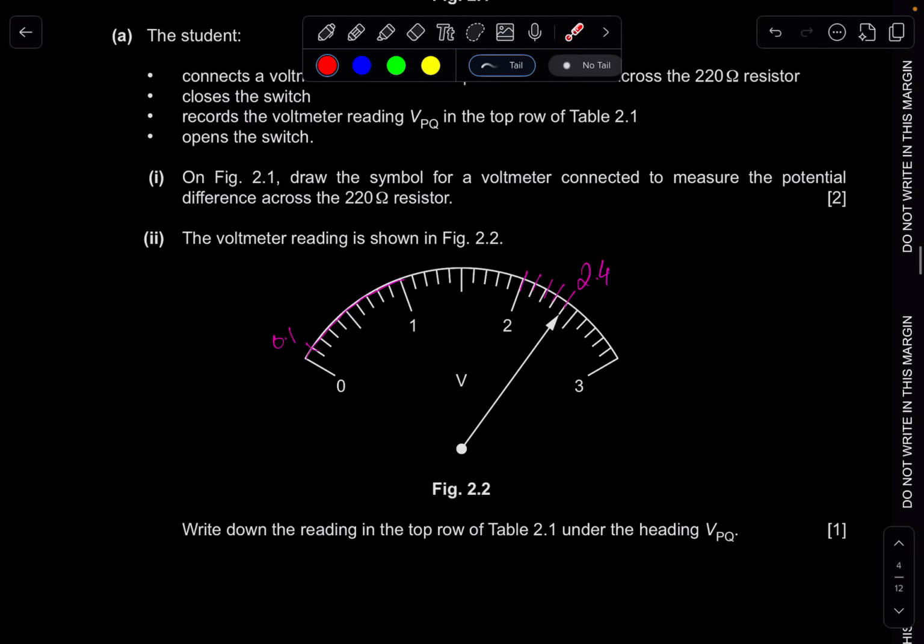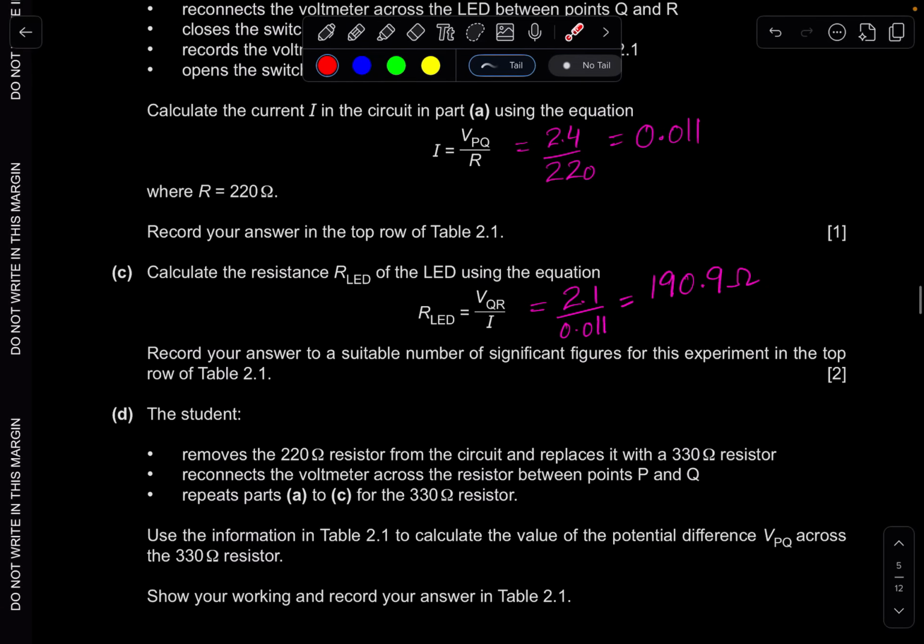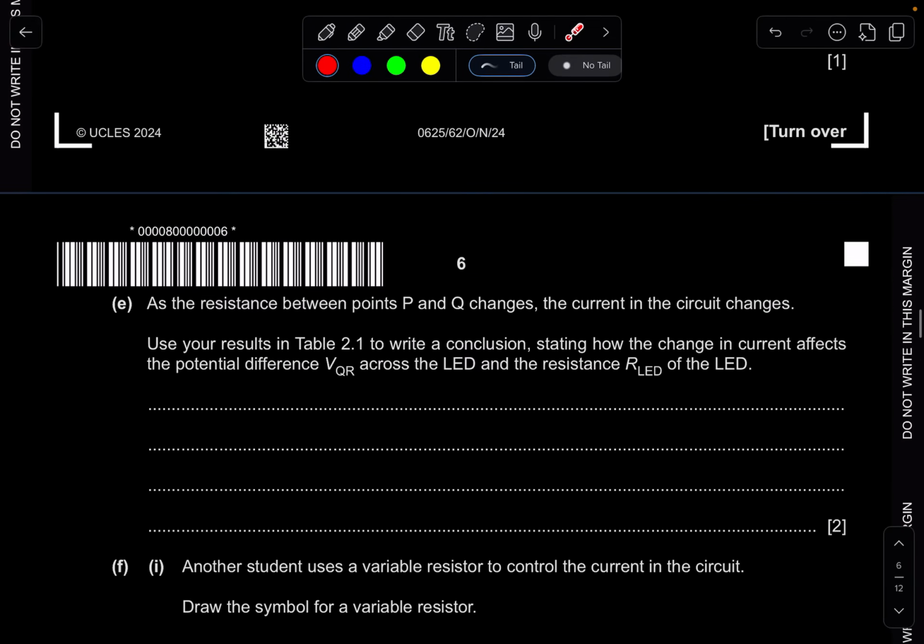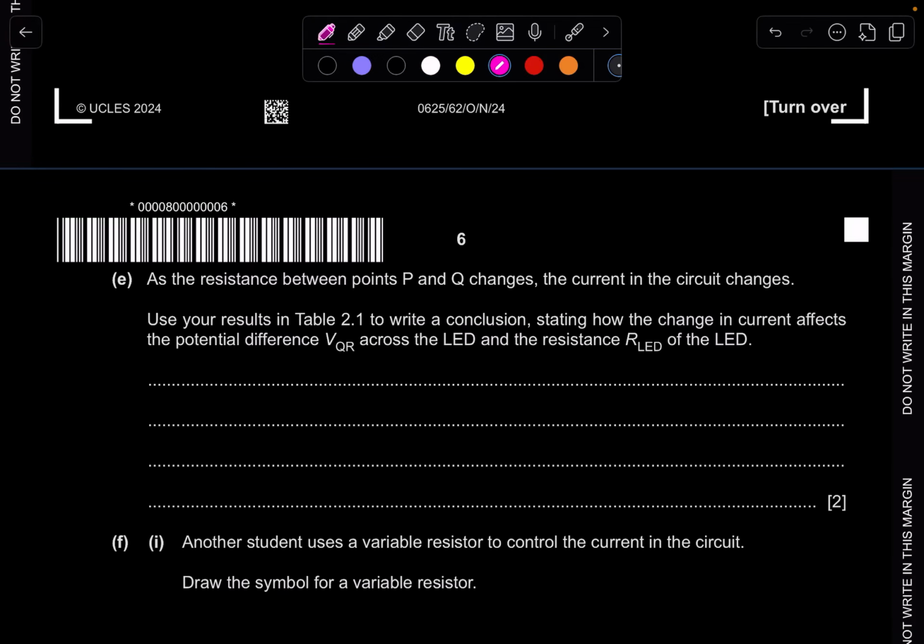Okay, so in this part you can say, as current decreases, so voltage across LED also decreases.